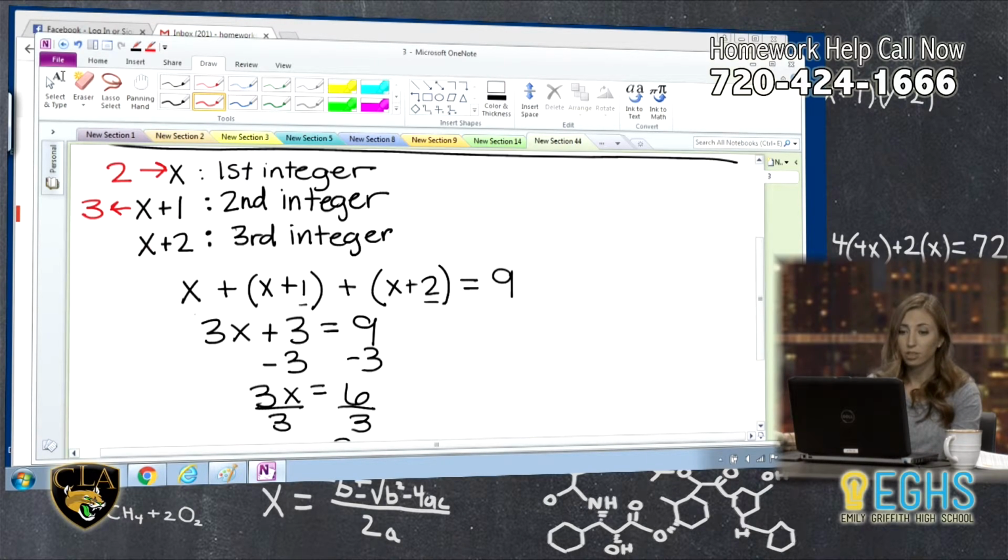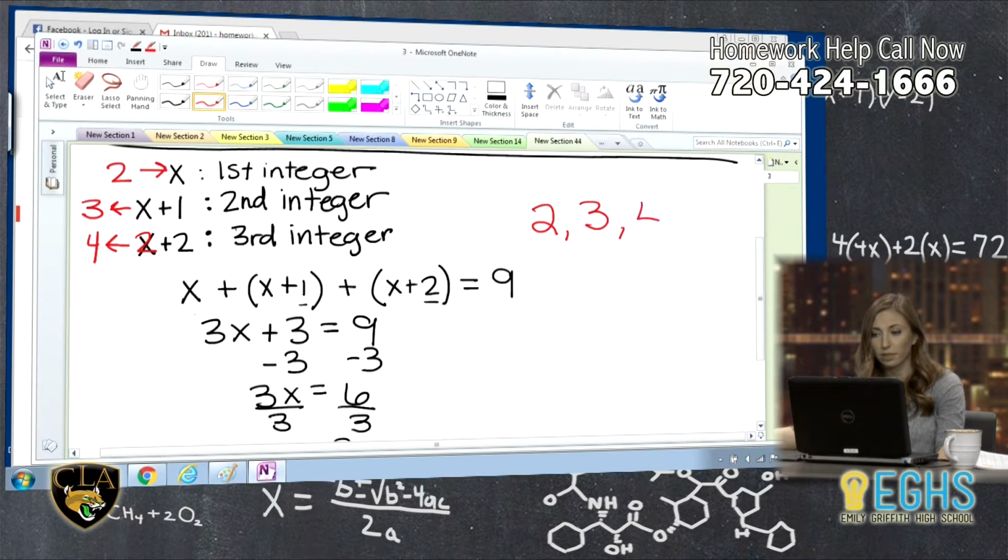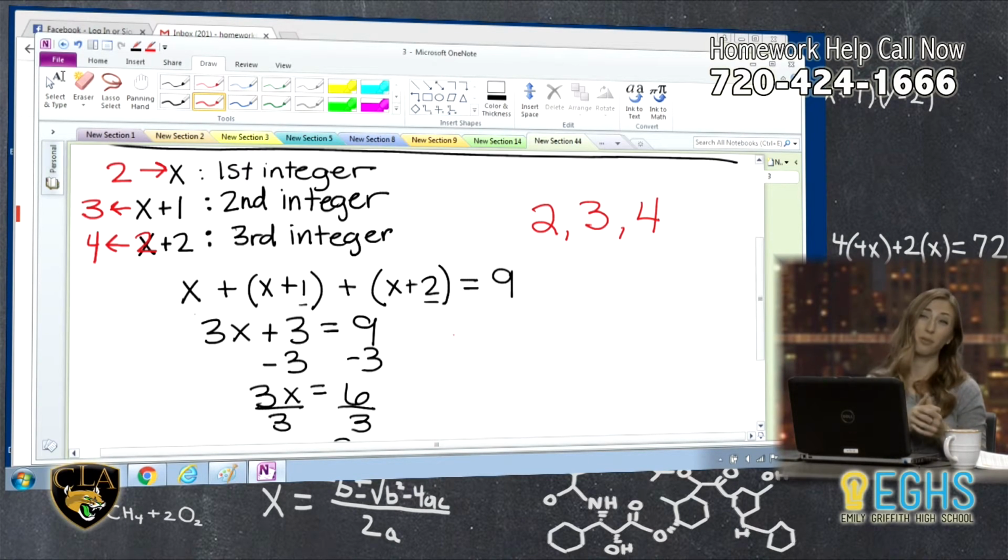And my third integer is x plus 2, so 2 plus 2, that's going to be 4. So algebraically, I solved for this, and we can always check by adding those three together and double checking that we get 9. I found my consecutive integers algebraically as well.